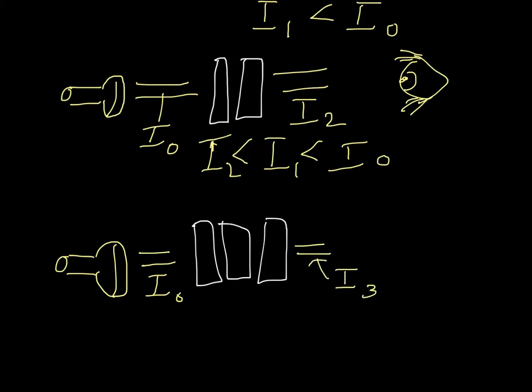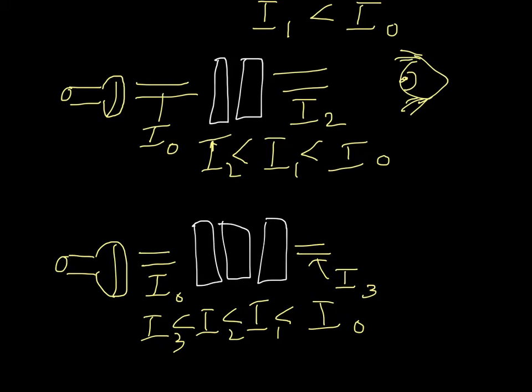How much light's going to be passing through our paper now? Even less, right? The more sheets of paper, the less light passes through our paper. Less light passes through.